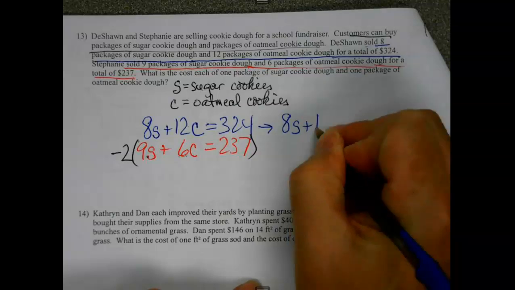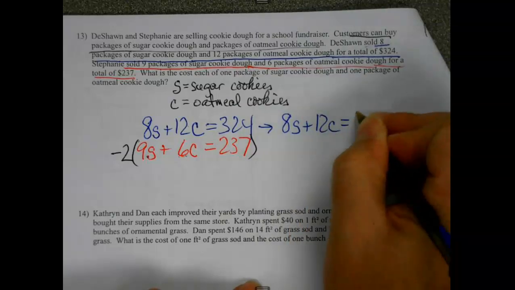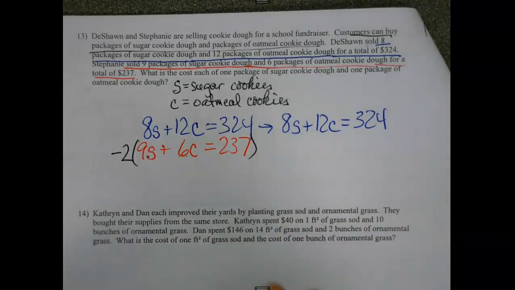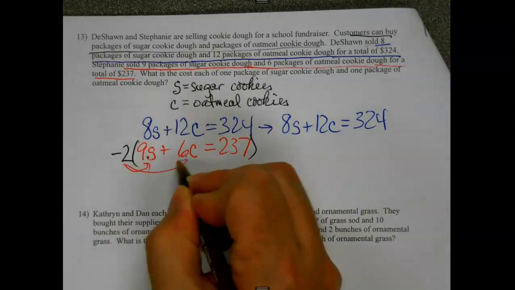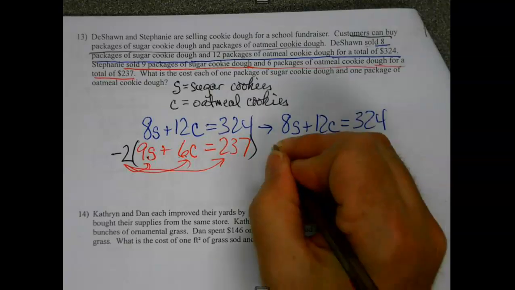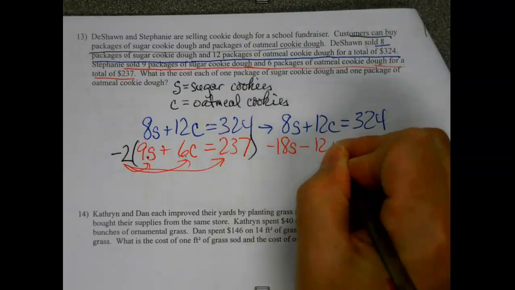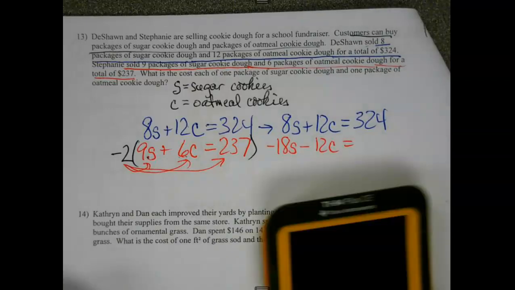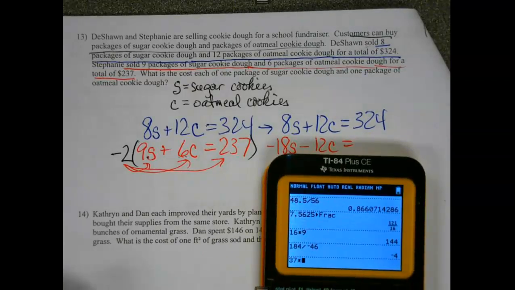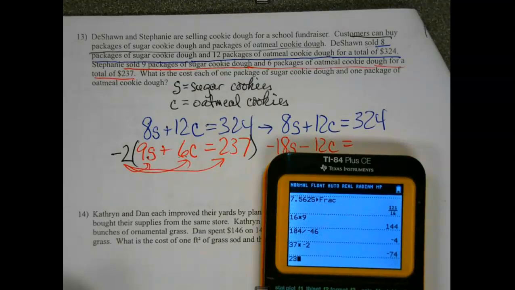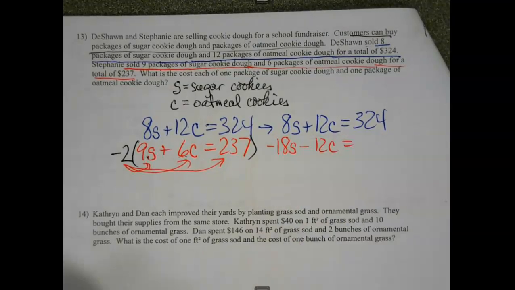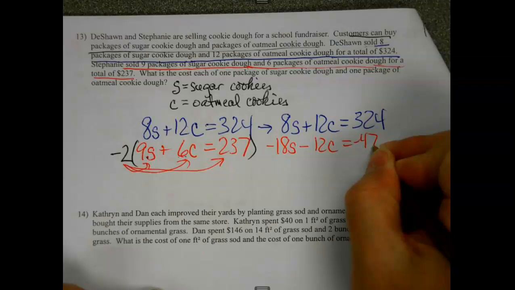And I know it's not always the most fun, or you might even think time-worthy to rewrite this, but when you're trying to figure out what work you've done already, it's going to be worth your while to do that. 237 times -2 is -474.